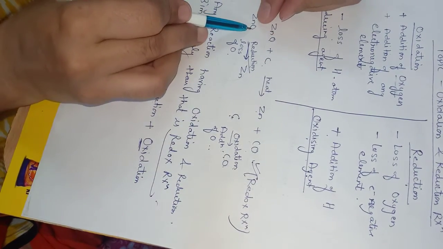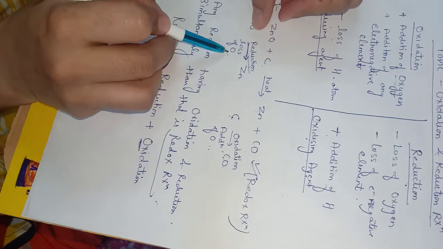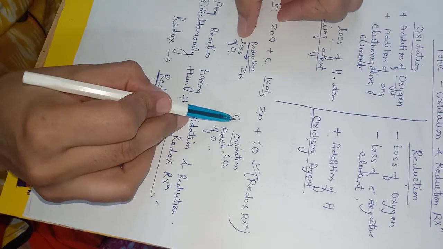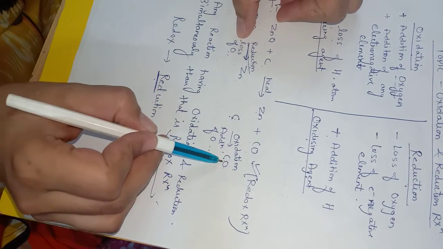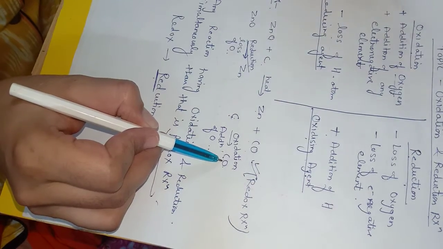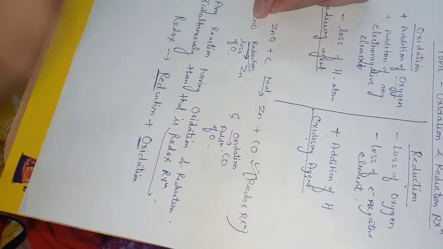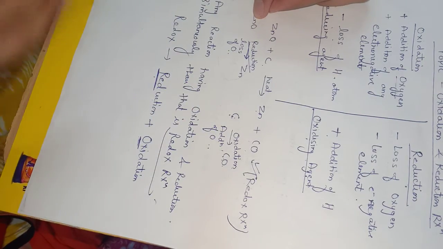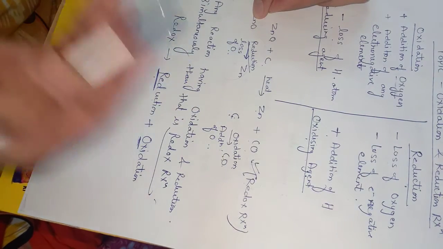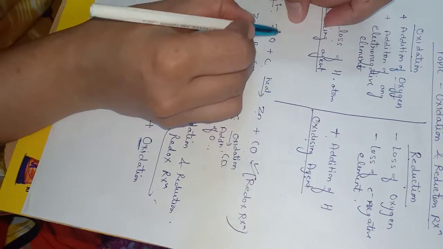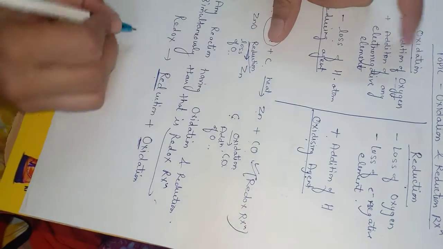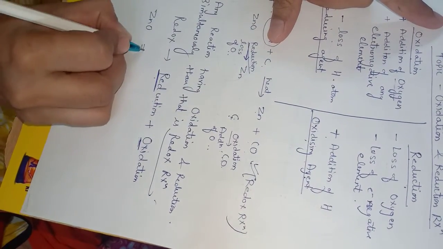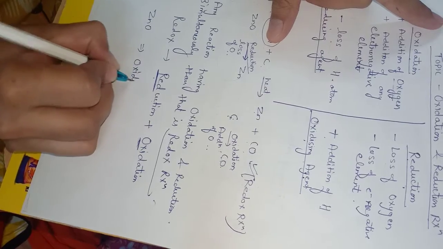Obviously, when ZnO, zinc oxide, loses oxygen, only then carbon can gain this oxygen and convert into CO. So, who is the oxidizing agent? ZnO is the oxidizing agent here.